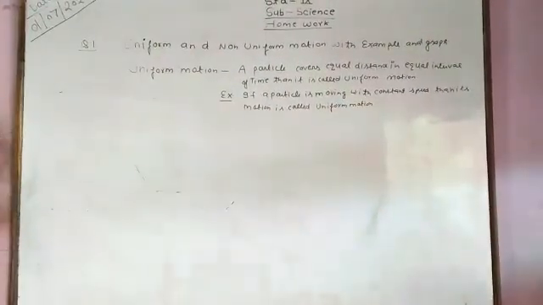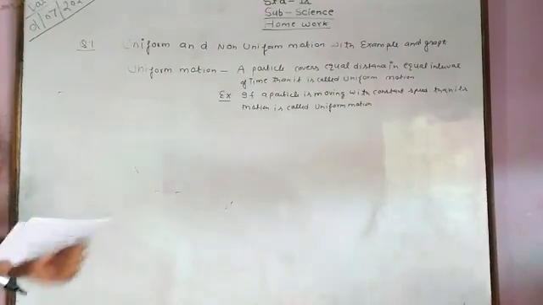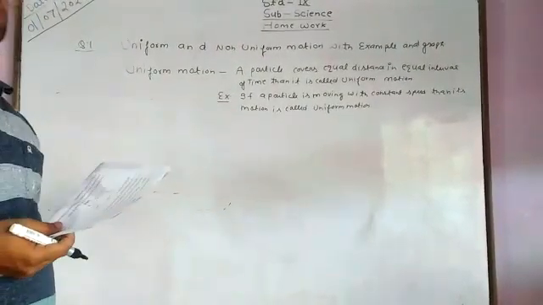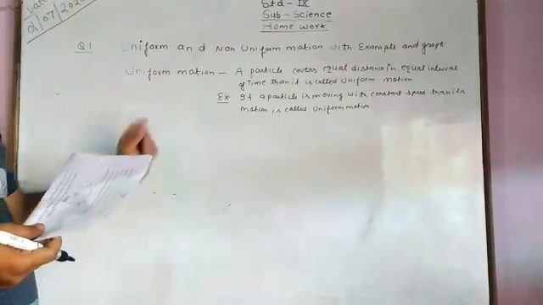Another example: when a particle is moving with a constant speed in a circle, then its motion is known as uniform motion.